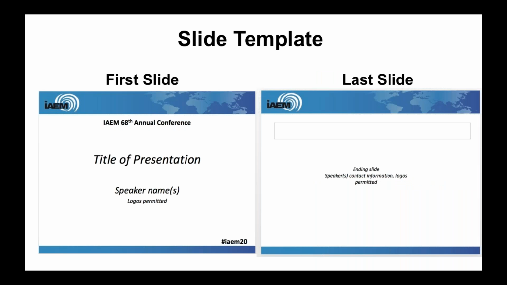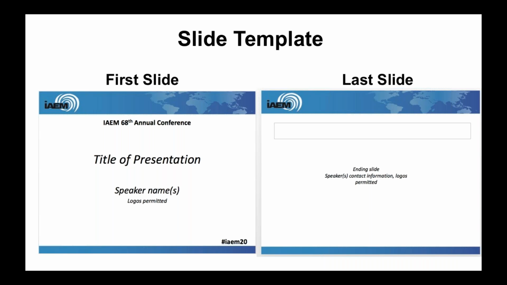Donna, how about the slide template? Thank you. So we provide selected speakers with an IAEM slide template to use during their presentation at the conference. You can use logos on the first and last slide of your presentation only. On the first slide, you will insert the name of your presentation and the speaker's names.